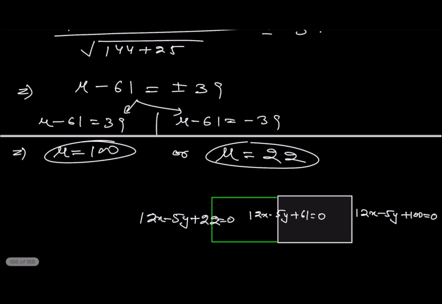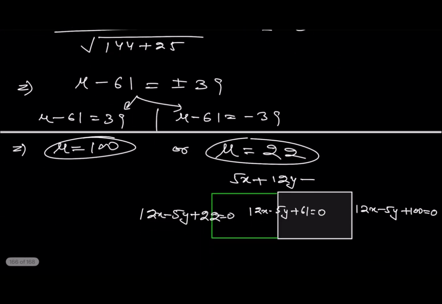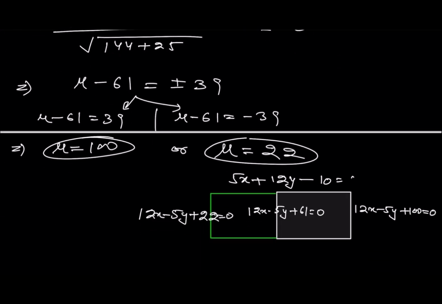Okay, and this whole line is 5x plus 12y minus 10 is equal to 0, and this whole line is 5x plus 12y plus 29 is equal to 0.